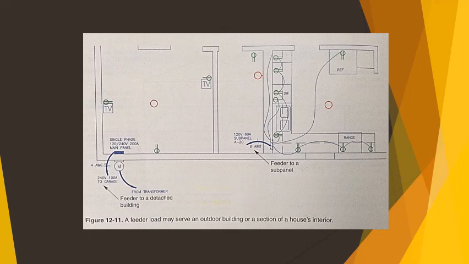Feeder and service load calculations. A feeder is recognizable by the presence of an OCPD away from the main service panel. See figure 12-11 for this. A detached garage with its own main breaker is connected to the home service panel by a feeder. A kitchen that is located a great distance from the main service panel may have its own feeder.